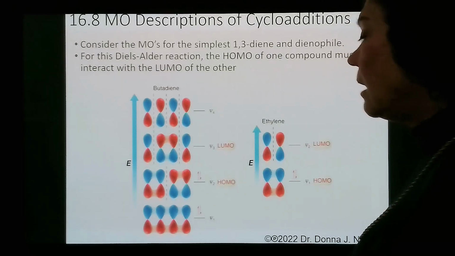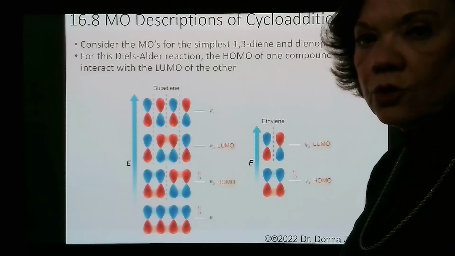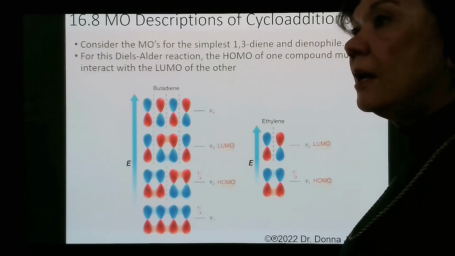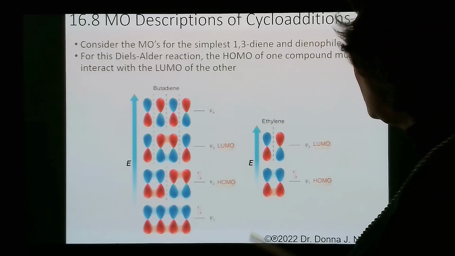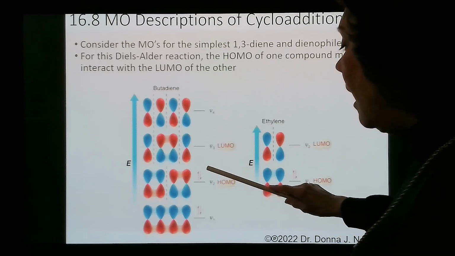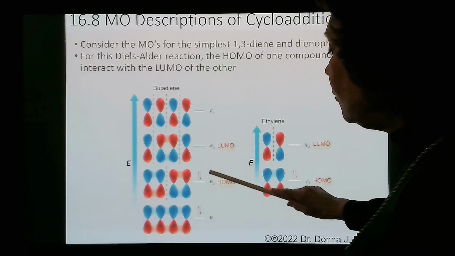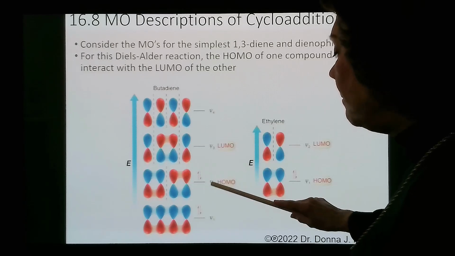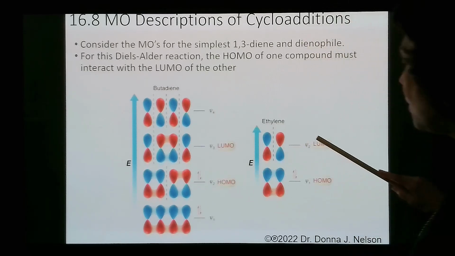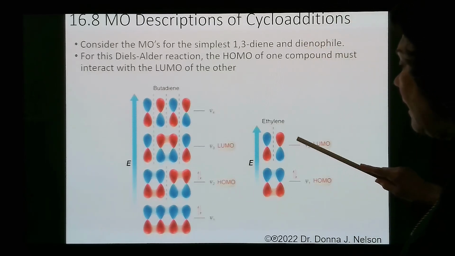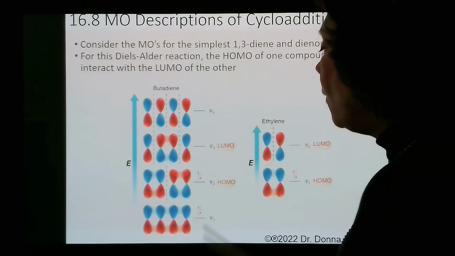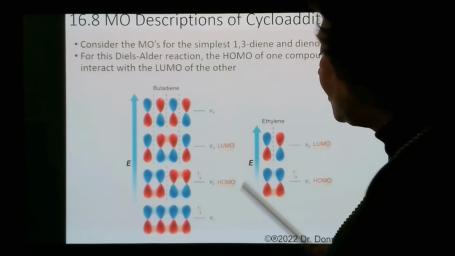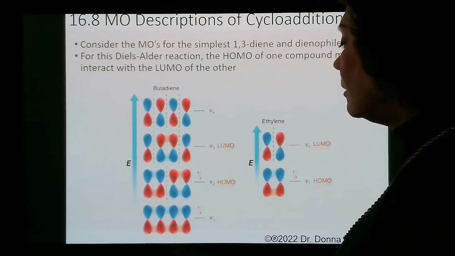And so the interaction that's going to take place, such that you will have orbital control, is that the electrons in the highest occupied molecular orbital interact with the empty lowest unoccupied molecular orbital when these pi systems are brought close together.